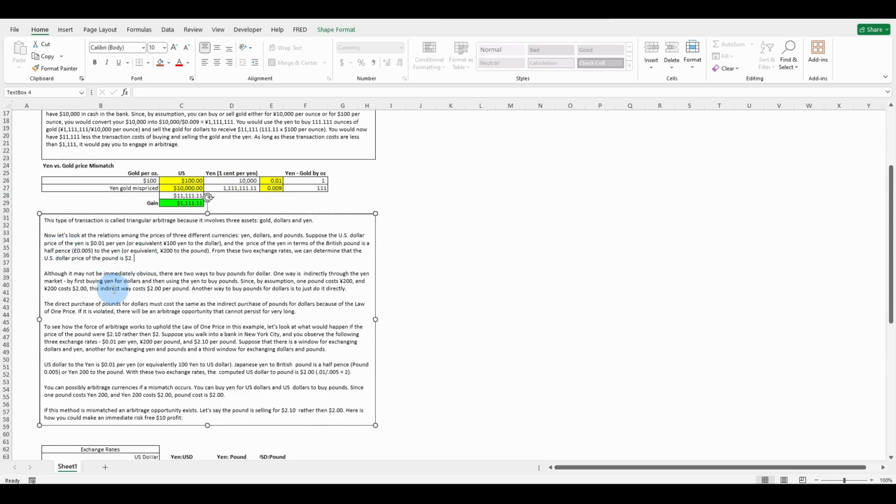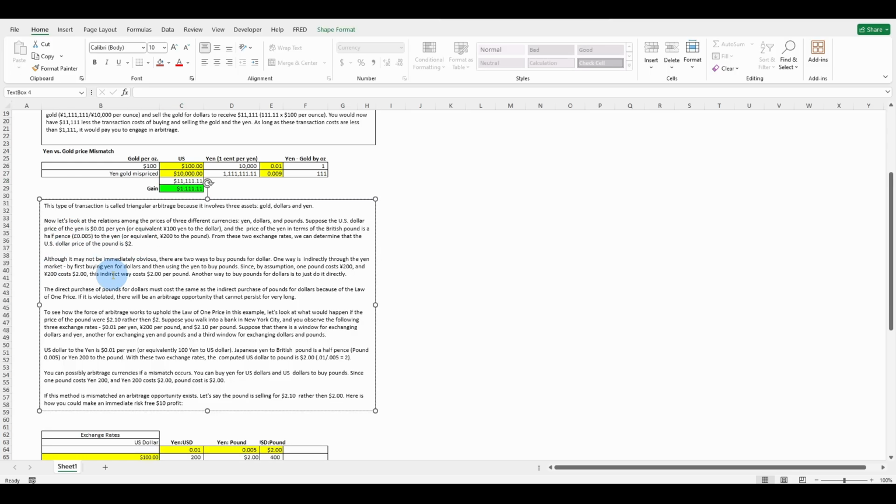You understand that? Although it may not be immediately obvious, there are two ways to buy pounds for dollars. One way is indirectly through the yen market, by first buying yen for dollars and then using the yen to buy pounds.